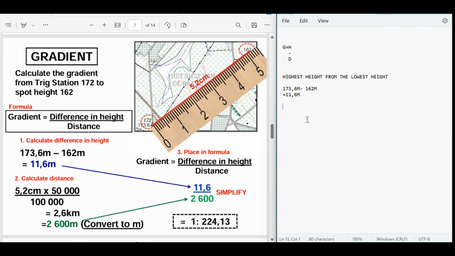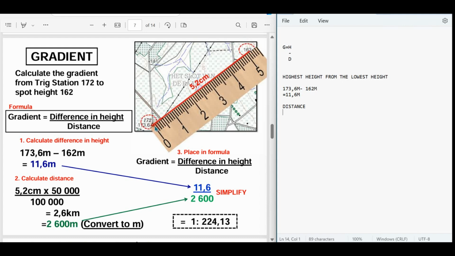Now we want the distance. How do we get the distance? We get the distance by measuring in centimeters using a mathematical ruler, as the example is clearly showing. We need to bear in mind that the counting of centimeters on a mathematical ruler starts from the point of 0.